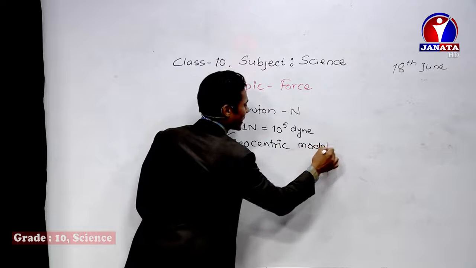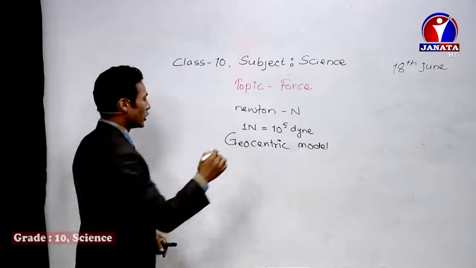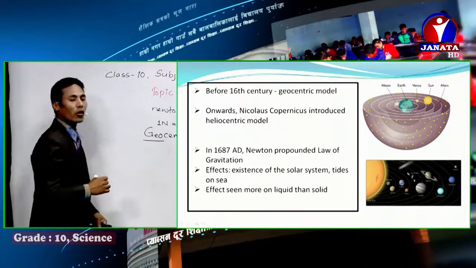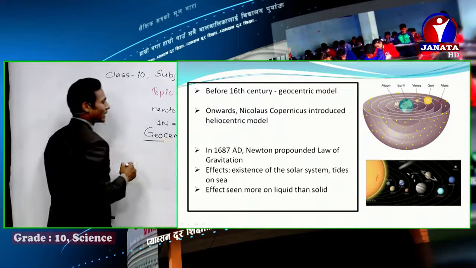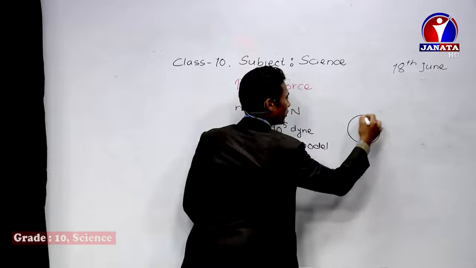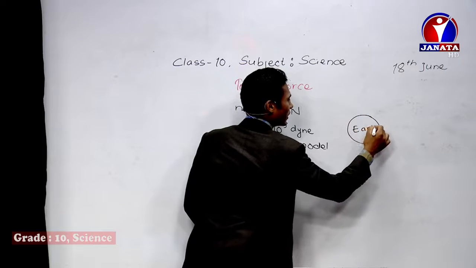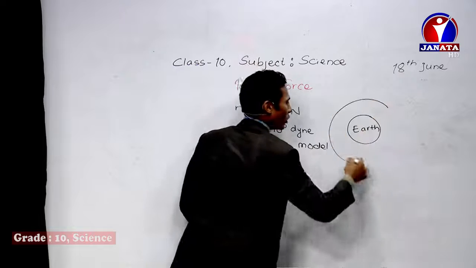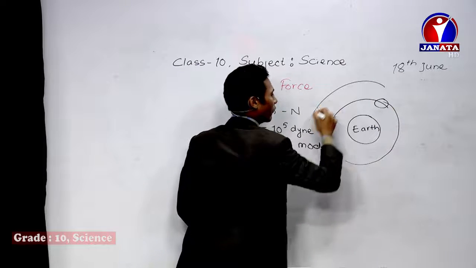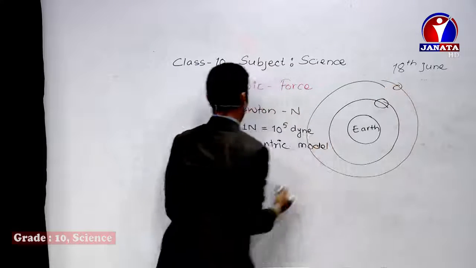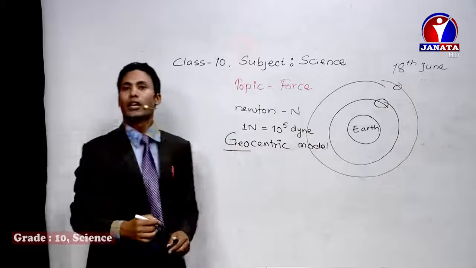Also we can say it is the geocentric theory. Geo means earth, centric means center. So people used to believe that the earth is at the center, and other heavenly bodies revolve around the earth, which is called the geocentric model.